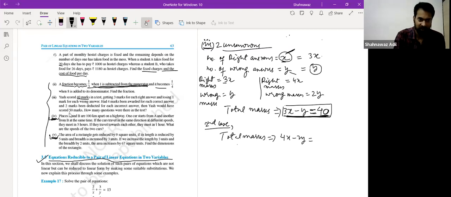For this scenario, it is 50. With 4 marks and 2 marks, he would have scored 50 marks. So the total marks is now 50. Any doubt in this? No. So again, 4X minus 2Y is 50 and 3X minus Y is 40.